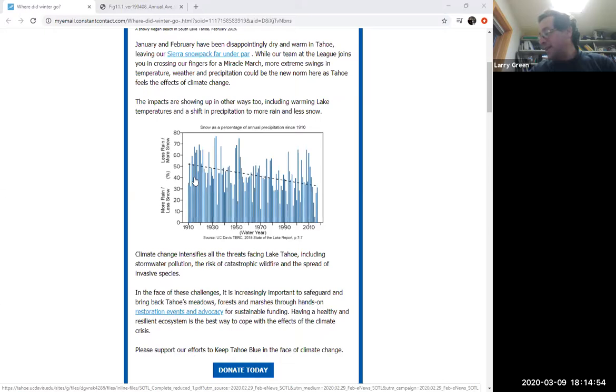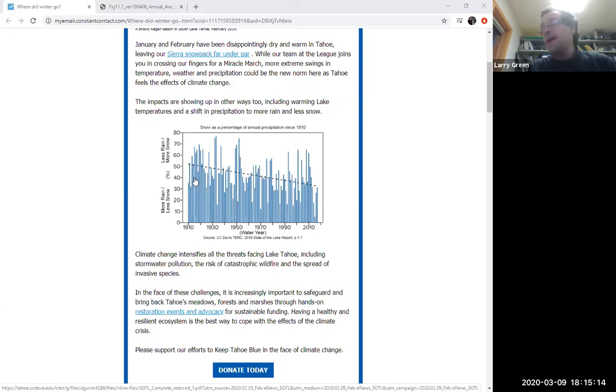In particular, the change in the y coordinate is negative 1.2. And that's a percent of rain to snow, basically. And the run is the year.